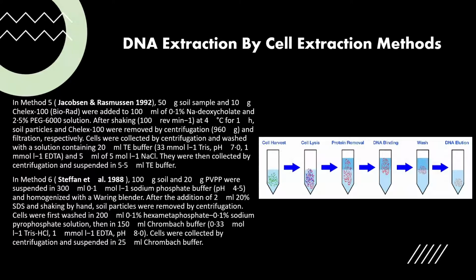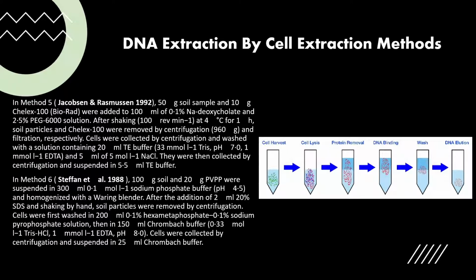In method 5, 50 gram soil sample and 10 gram Chelex 100 were added to 100 milliliter of 0.1% sodium deoxycholate and 2.5% PEG 6000 solution.